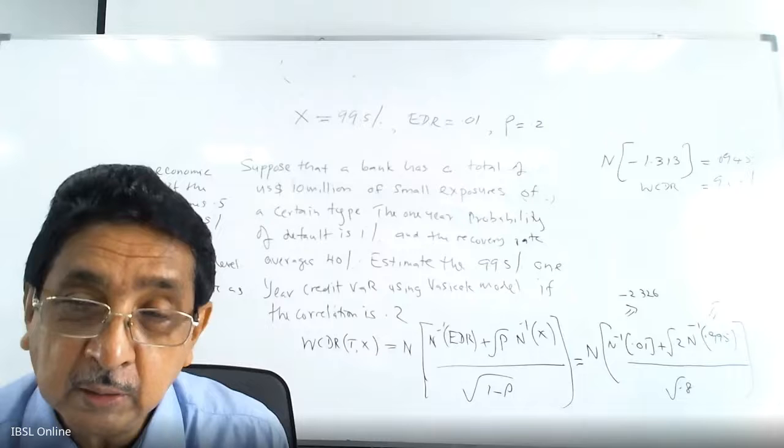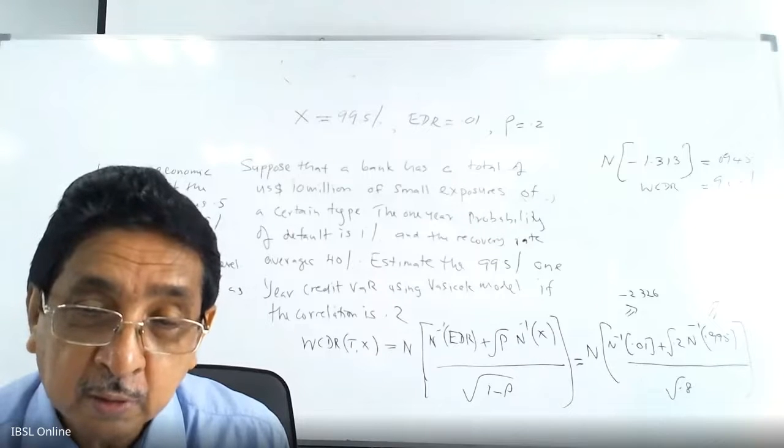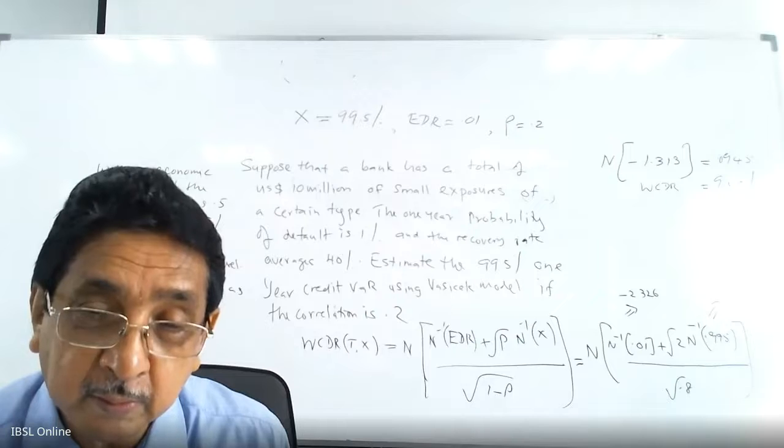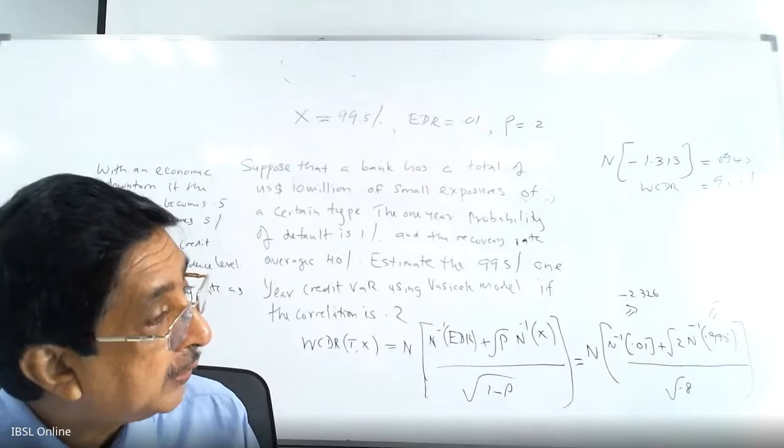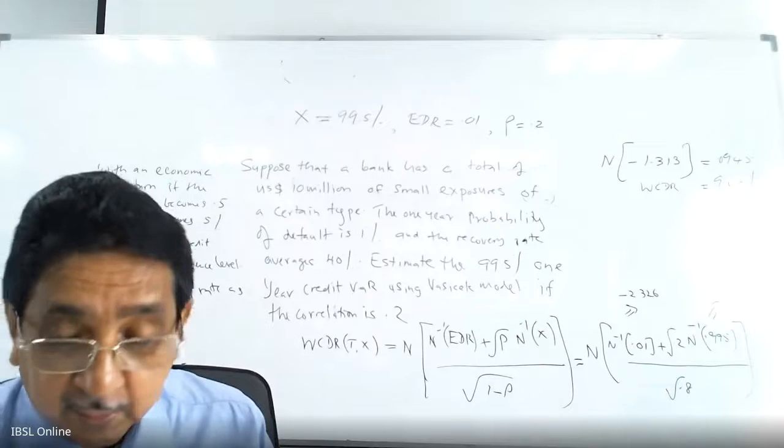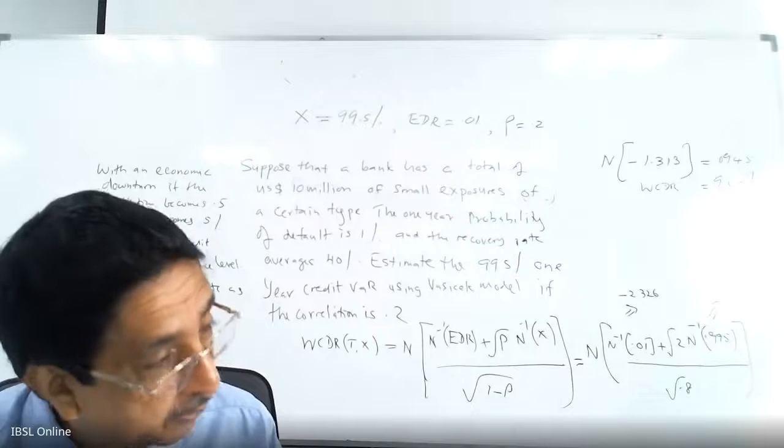Right. Uresha, have you attempted that? I tried, so I got this 0.6838, then I arrived at 0.484 as the n value. Point 484? 0.48. N is 0.48.